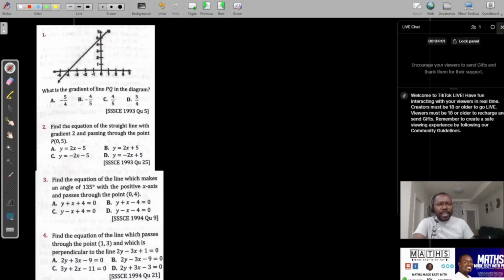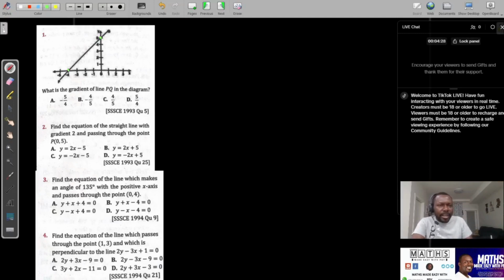Now, remember we learned that in order to find the gradient of any given line, 2 points must be known on the line. So on the line PQ, we can generate 2 points from this line, and it is easy to read the point here and the point there because they intersect with the x and y axis respectively.